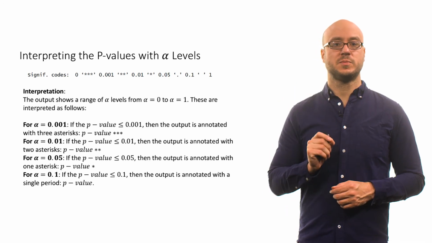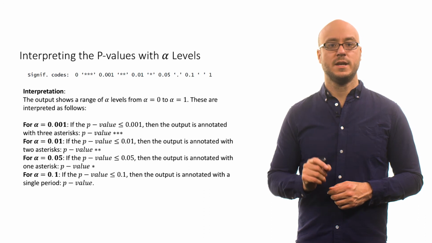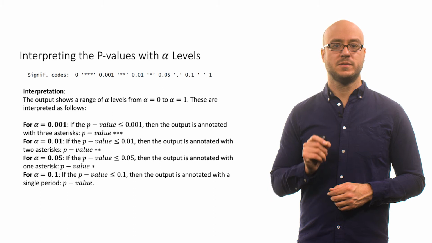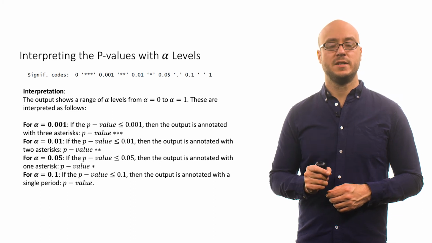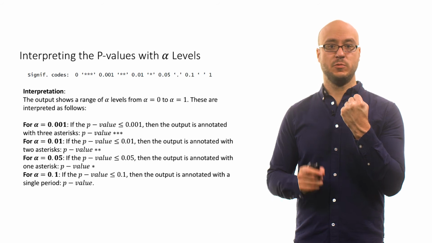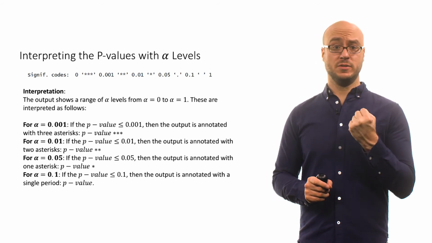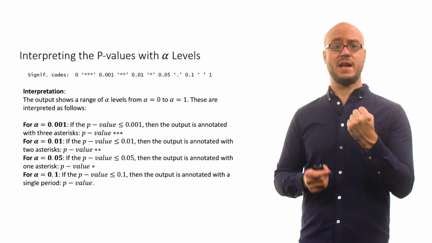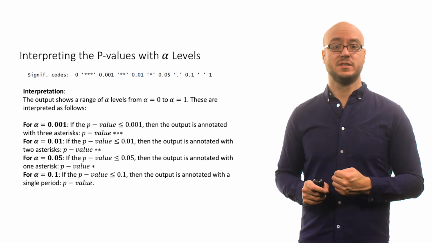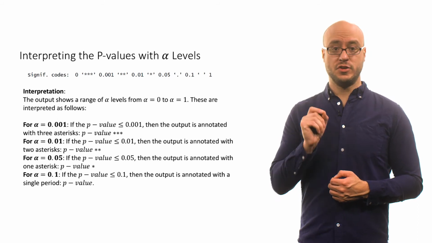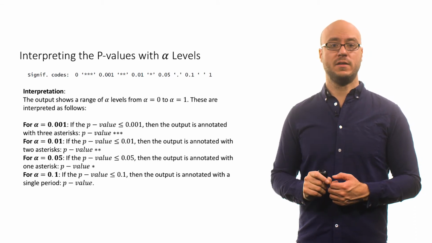For alpha equals 0.001, if the p-value is less than or equal to 0.001, then the output is annotated with 3 asterisks. You don't even need to compare that p-value to the level of alpha. You can look at that p-value and say, oh, there are 3 asterisks. I know that it's statistically significant at the alpha 0.001 level. I can reject the null using that level of alpha.